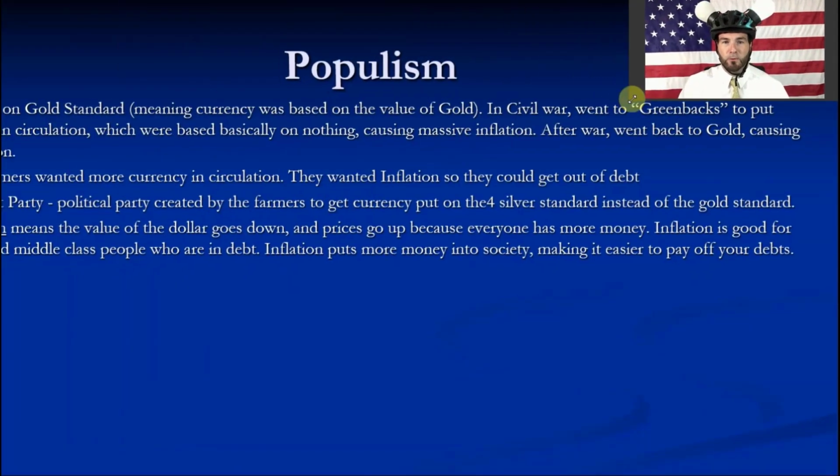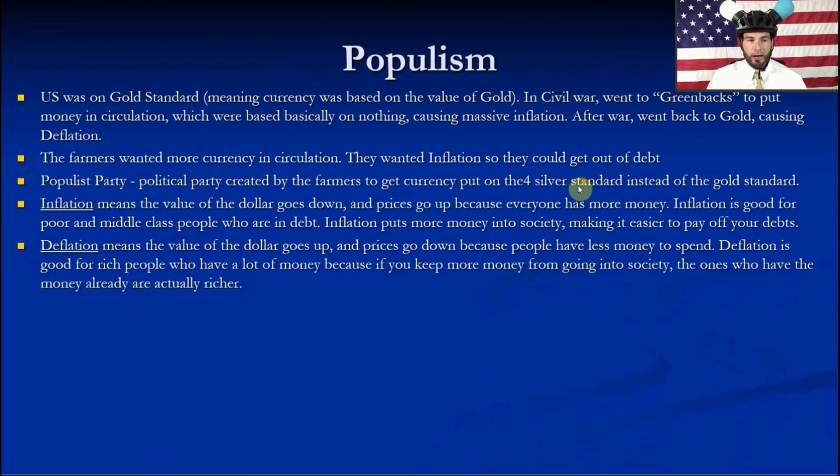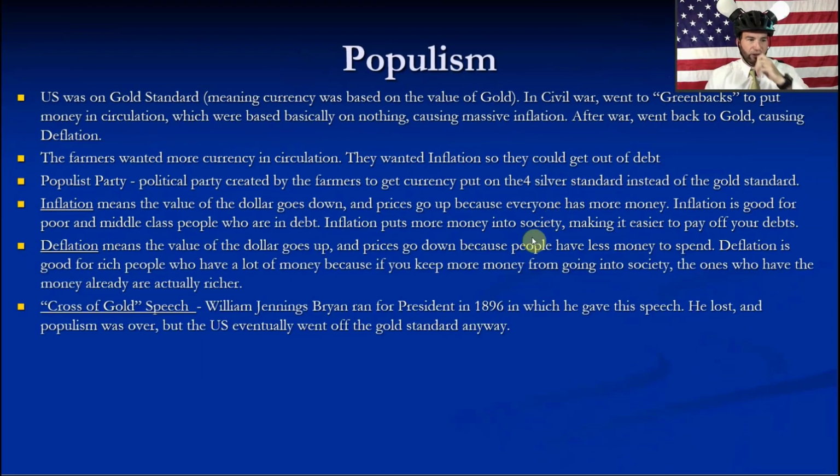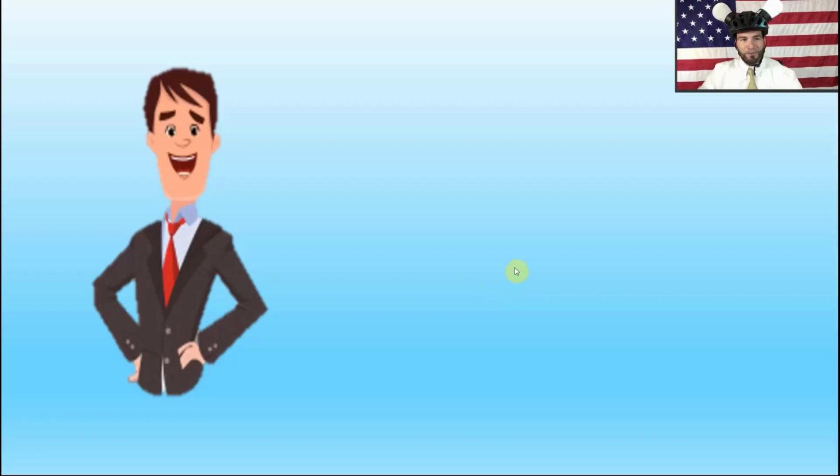All right. Let me teach you about some inflation and deflation. Man, I feel smarter already. Put myself up here in the corner. So all this stuff here is in your notes, but I'm going to try to tell it to you story-wise. This is a guy. We're going to call him Bob.